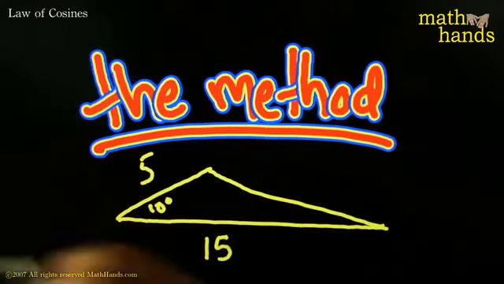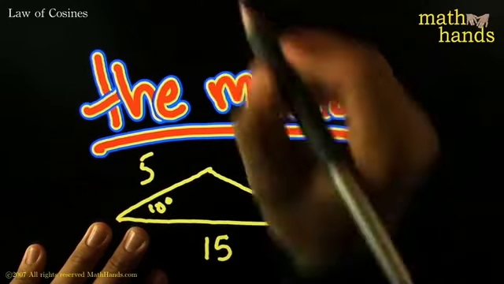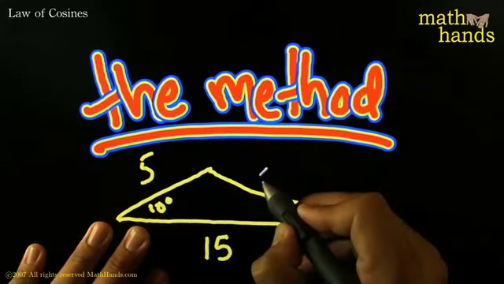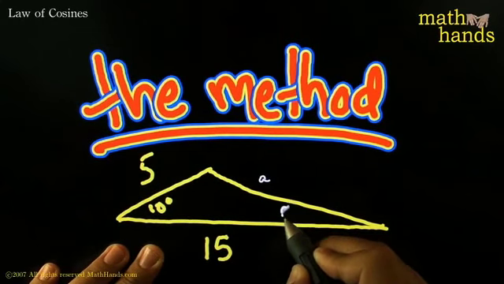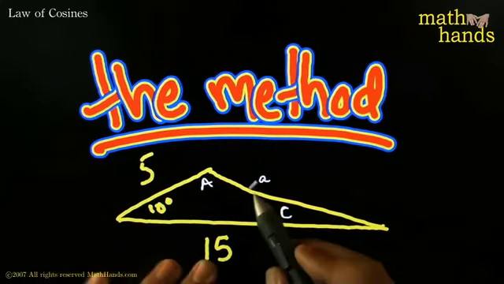Okay, let's actually do that in real life here. So let's call this one little a. I shall call this big C, and I'll call this big A. So think about it.